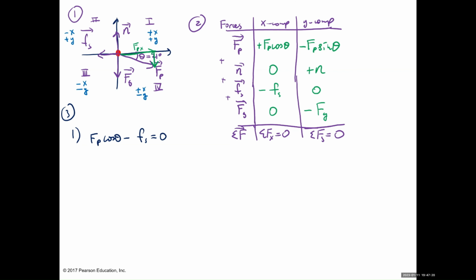Then for equation 2, I have normal force minus Fp sine of theta minus gravitational force, which I can just write as mg, equals 0.